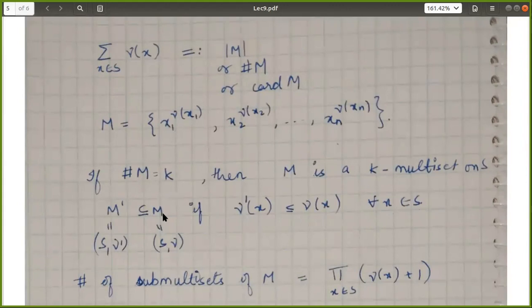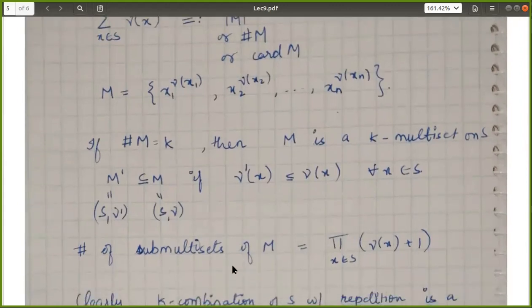And very quickly we can see that the number of sub-multisets of M is this number, because for every element x, you have nu(x) plus 1 many choices. nu(x) goes from 0 to k, and since 0 also has to be counted, I have to add a 1 here.